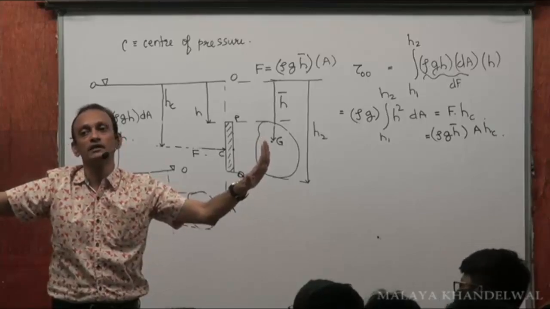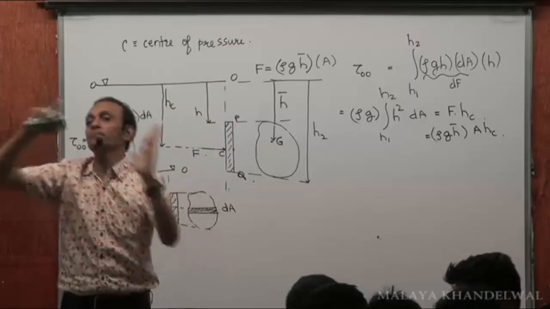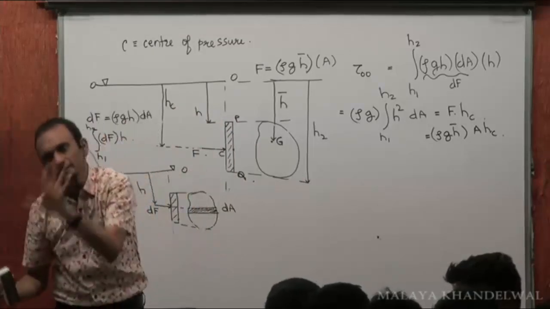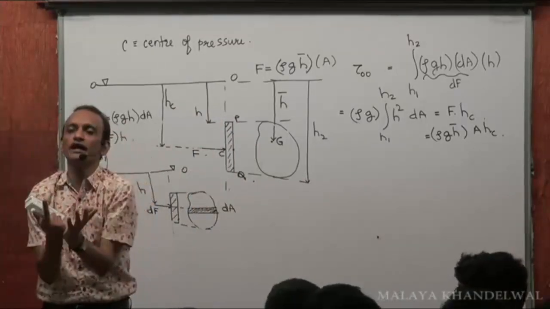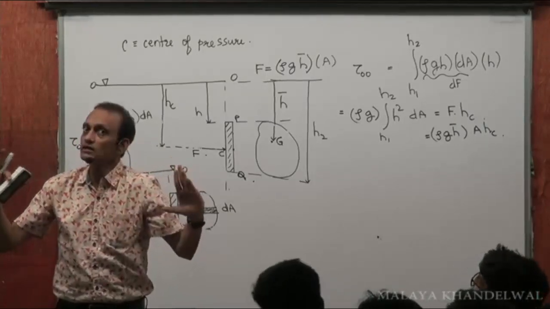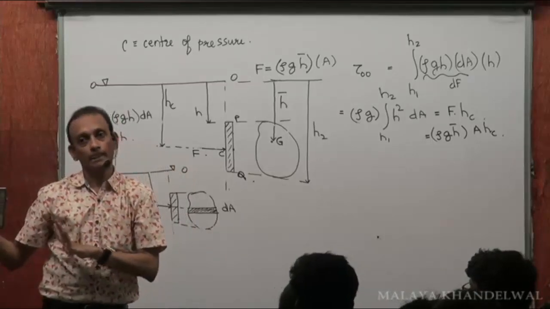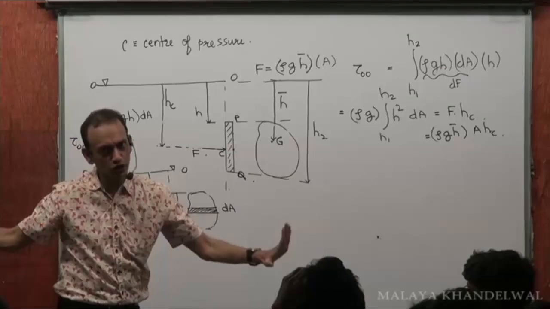It only meant that to compute the total force, one could imagine the pressure at the center of gravity into the total area A. That will give me the total force. It didn't mean that this force was acting through the center of gravity. Got me? There is no confusion on this?